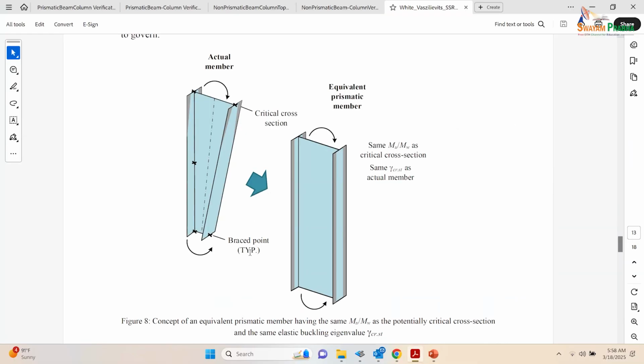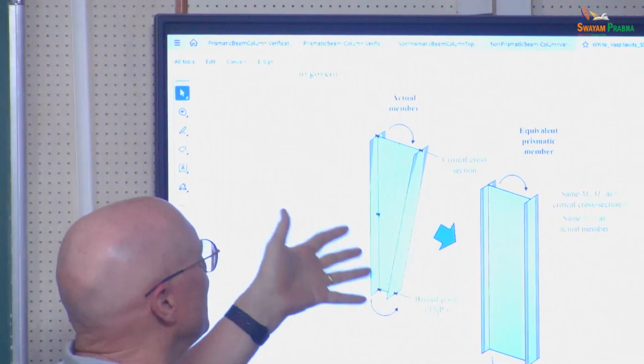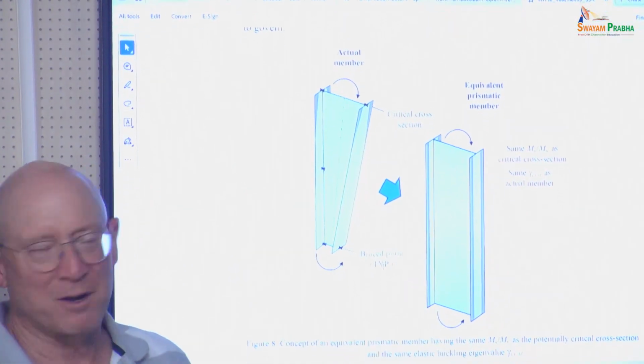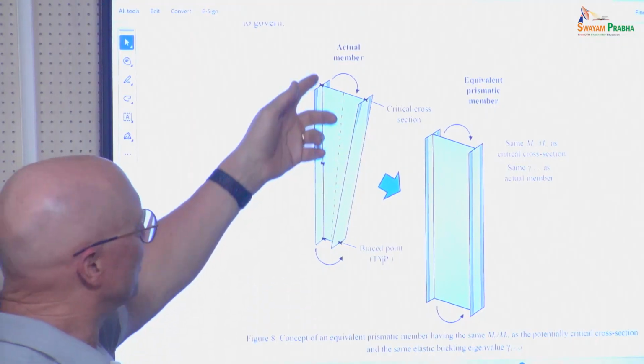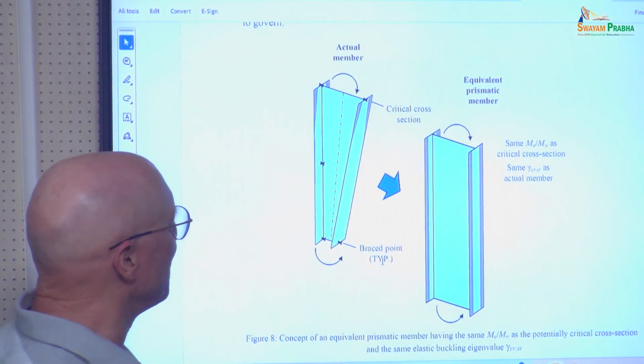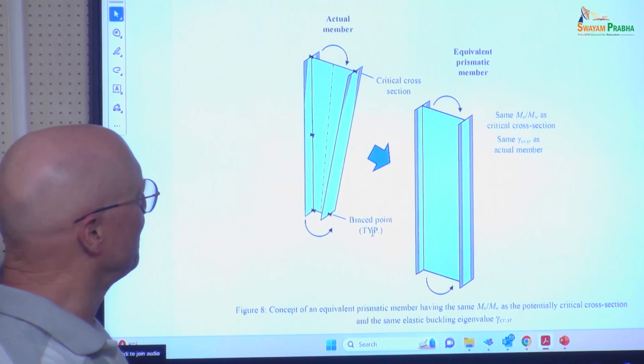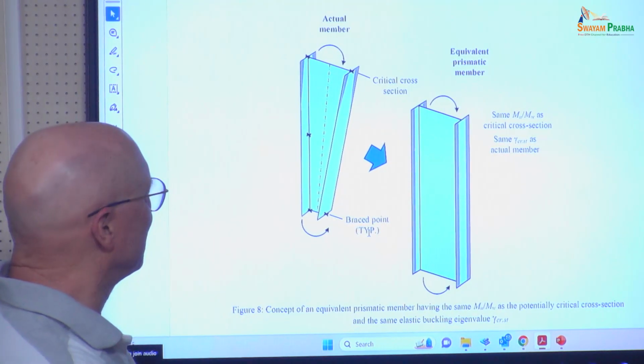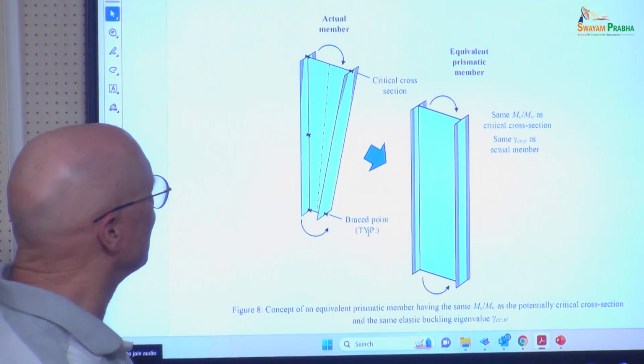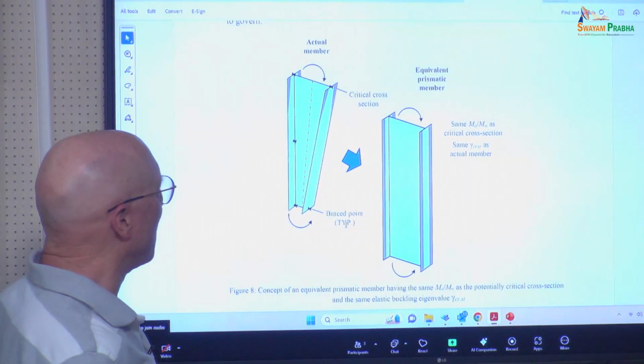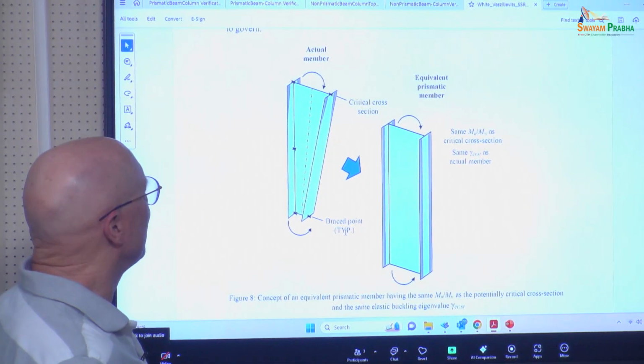We were just talking about this concept, so this graphic may help with it. So here's a hypothetical non-prismatic member subjected to bending moment. It's just showing bending moment here, no axial compression. It's got whatever bracing conditions, displacement, boundary conditions are coming in from the problem you're solving in general.